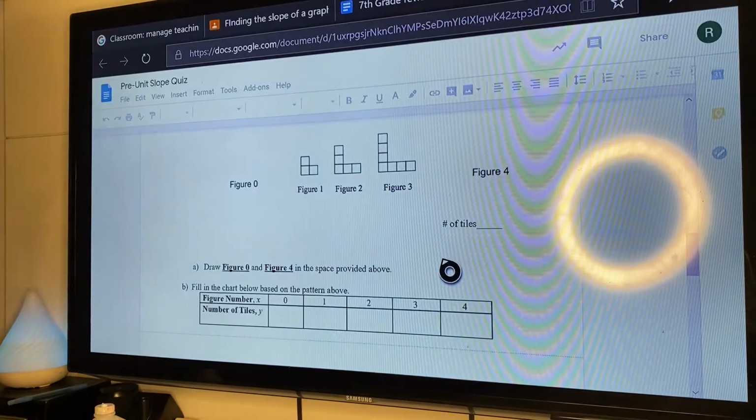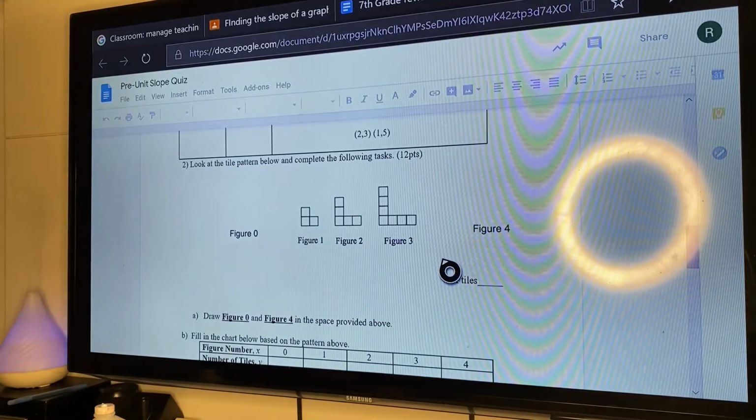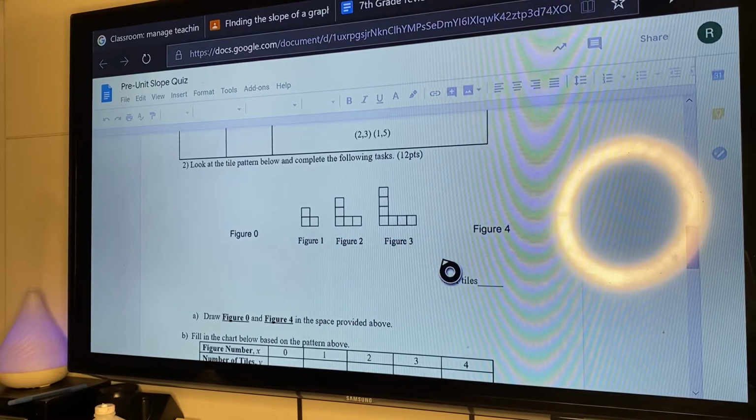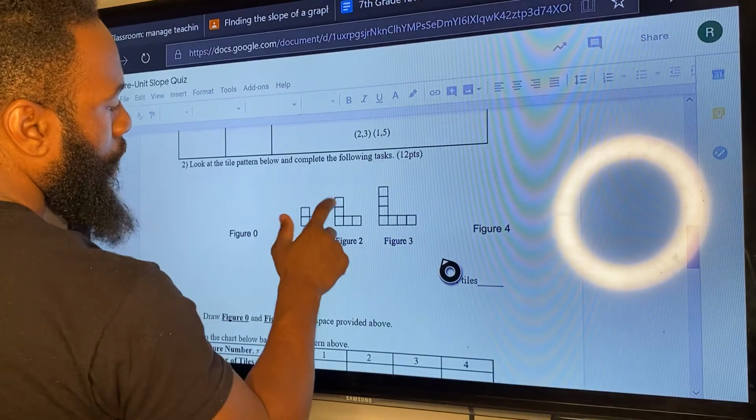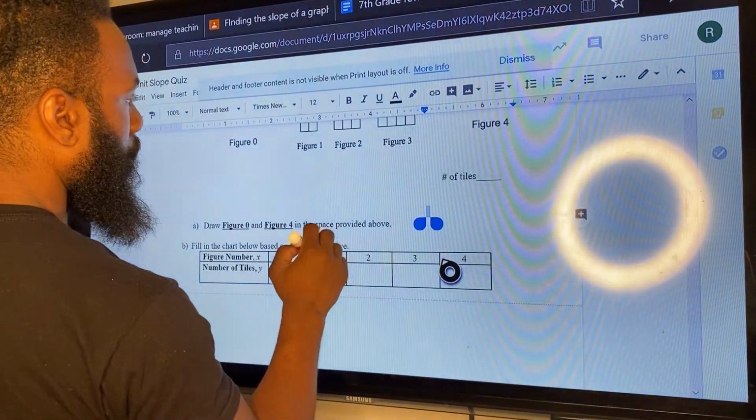Now we're here. So it says here, look at the tile pattern below and complete the following task. So here we have 0 figures, but I see 3. Then I see 5.